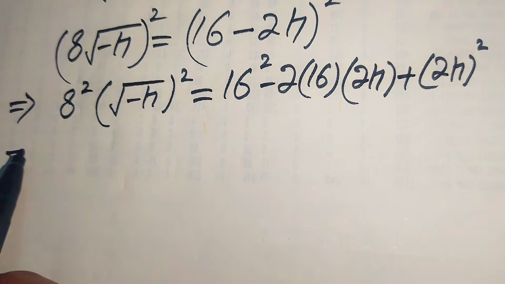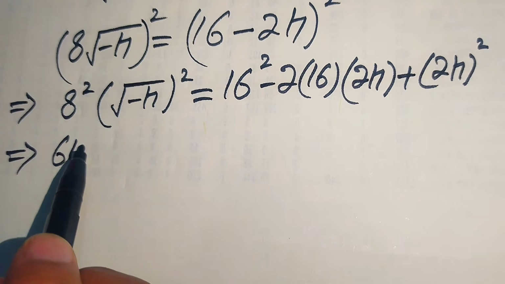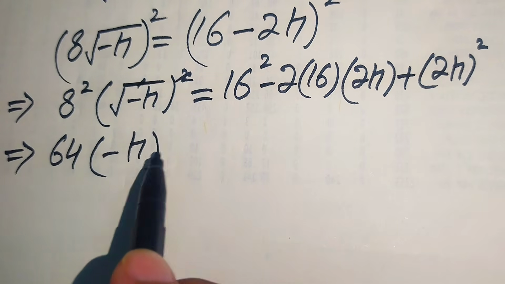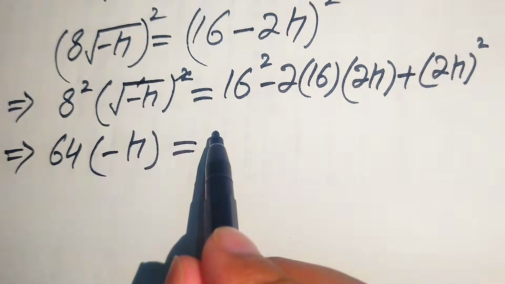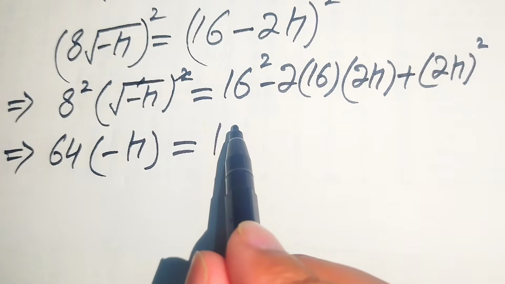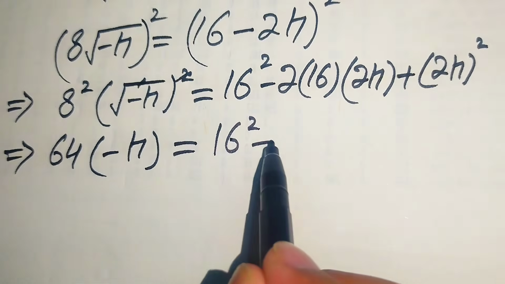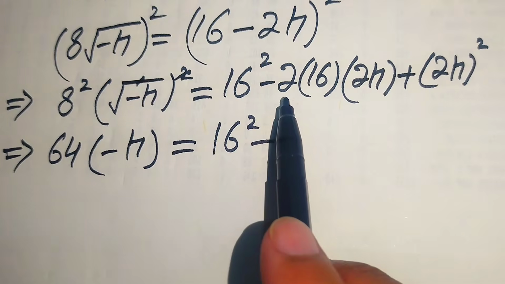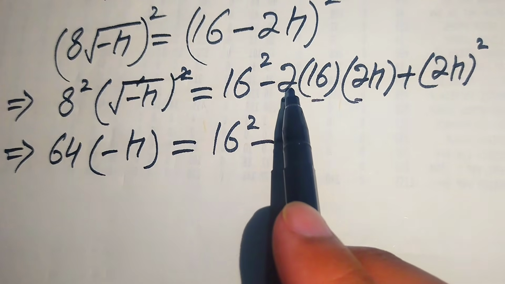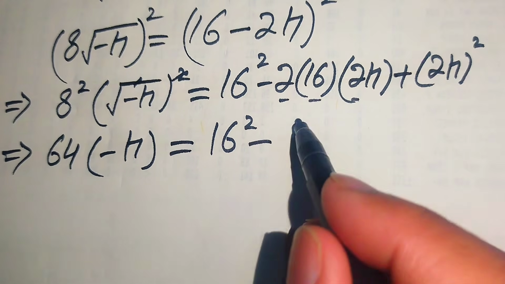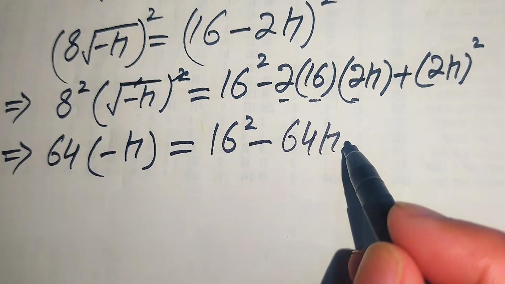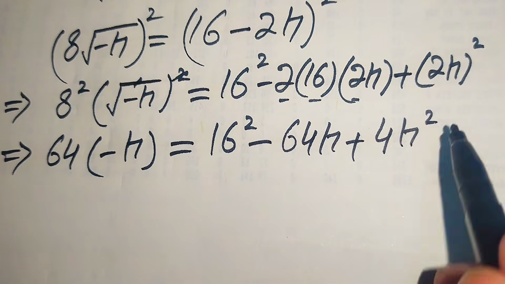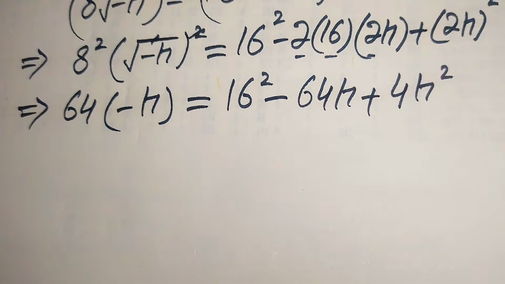So 8 square becomes 64, the 2 and square root are gone, and we get minus h is equal to 16 square minus, when we multiply all these values, 32 times 2 becomes 64 times h, plus 2 square becomes 4, and h square becomes h square.